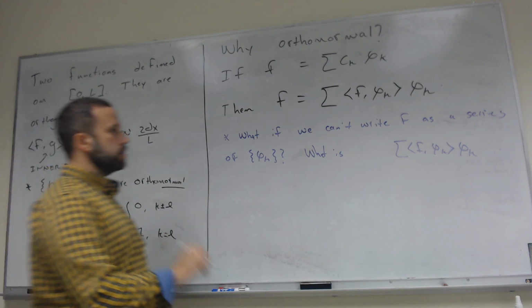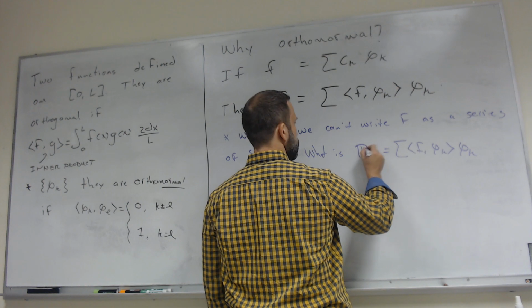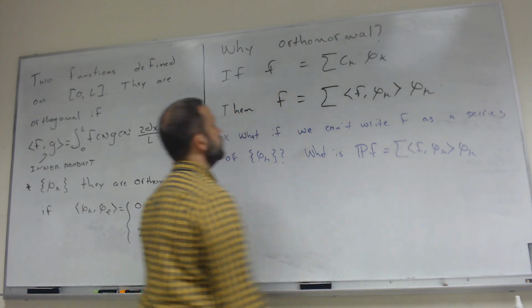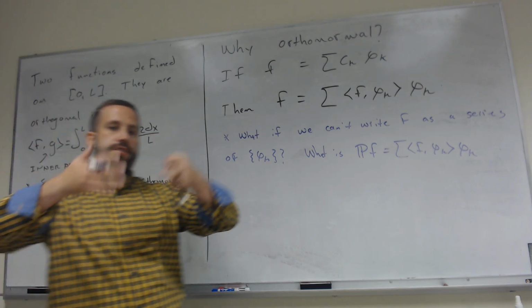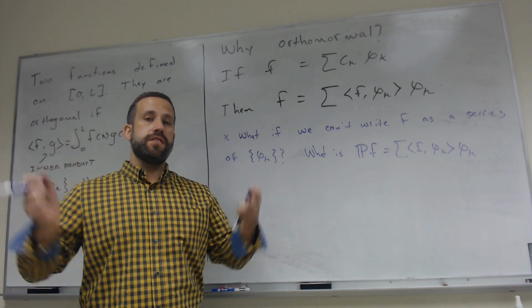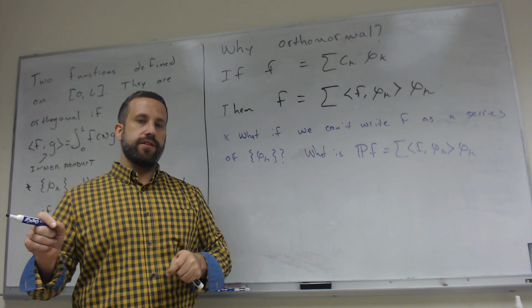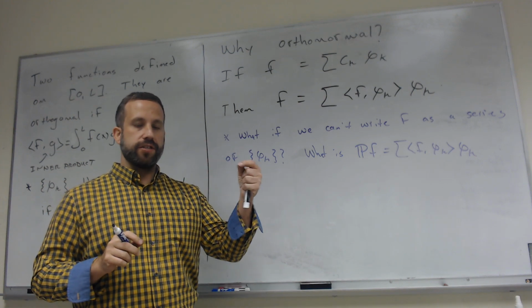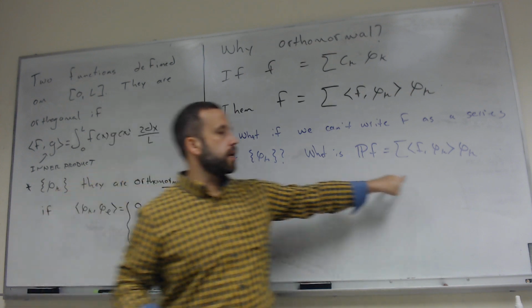And it turns out that this is something called the projection of F onto the functions phi_k. Okay, if you remember from linear algebra and orthogonal projections, if you have a subspace spanned by some vectors, and you get an orthonormal set for that subspace, the best approximation of a vector, so if you take another vector and you want to approximate it as a vector in this given subspace, this is going to be the formula for it.